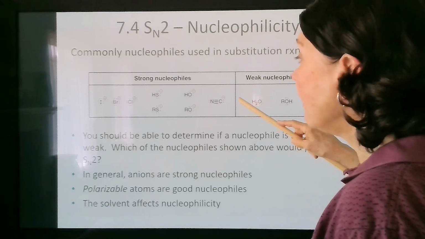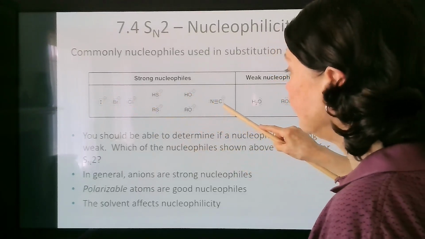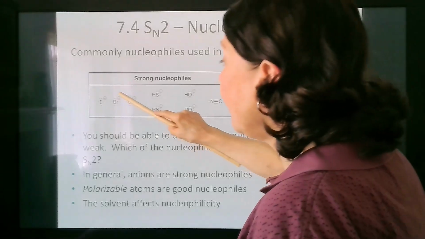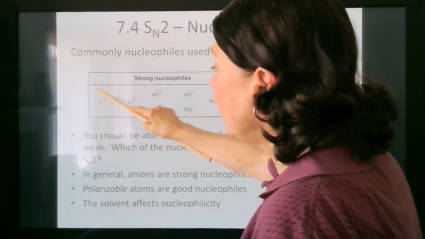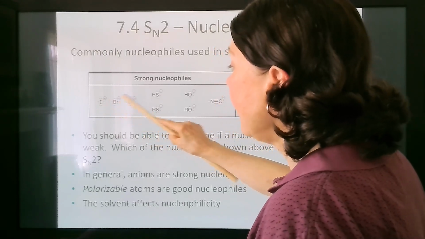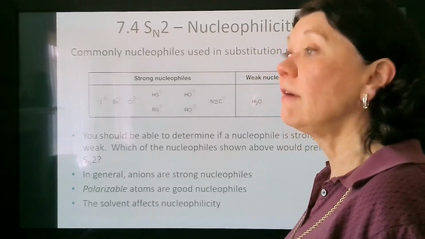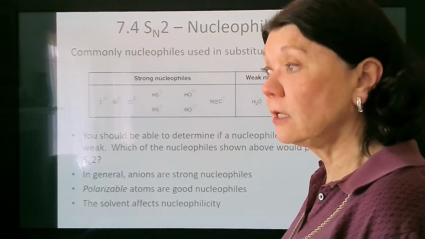And if they participate in hydrogen bonding, they will stabilize the anionic species. If you have hydrogen bonding in the presence of these anions, the solvent molecules will just cover these anions, and the anions won't be able to attack because they won't be able to slough off the solvent molecules to move in and attack.